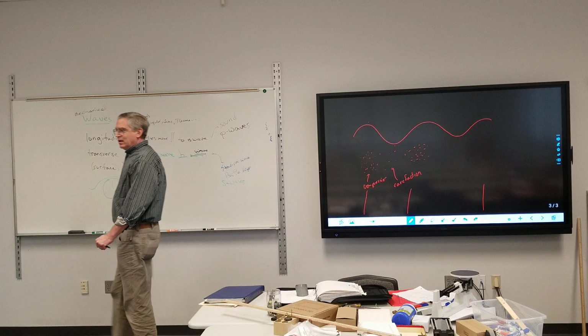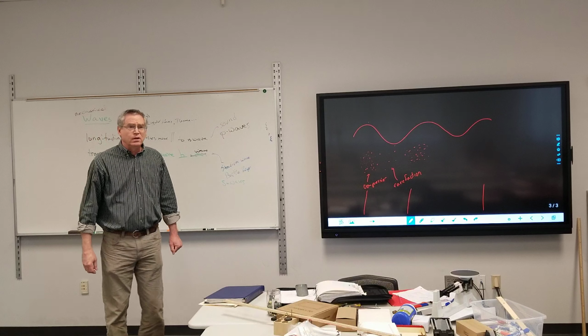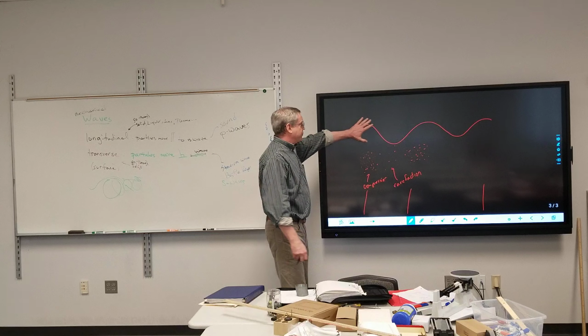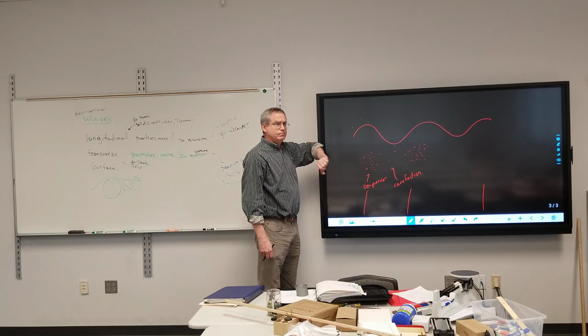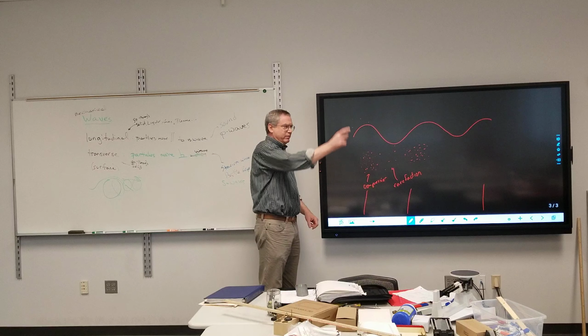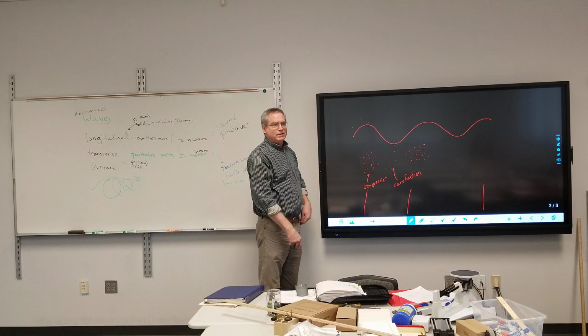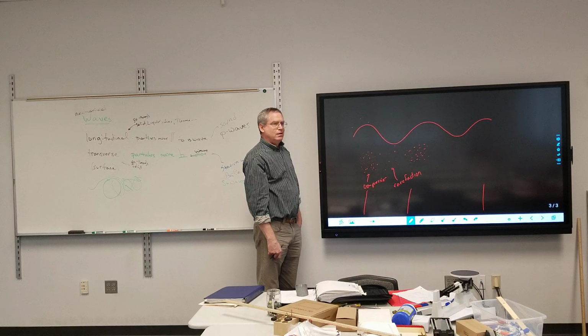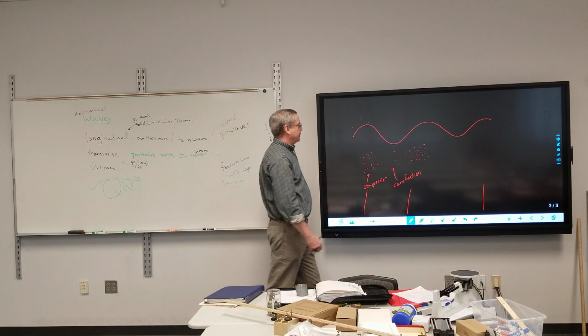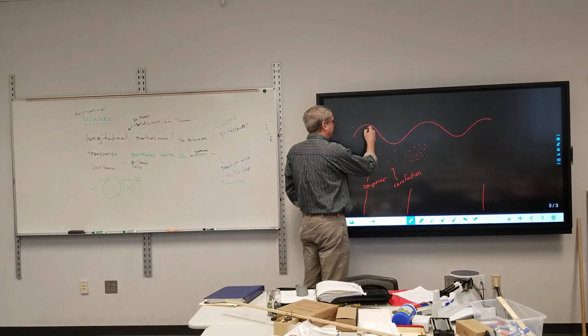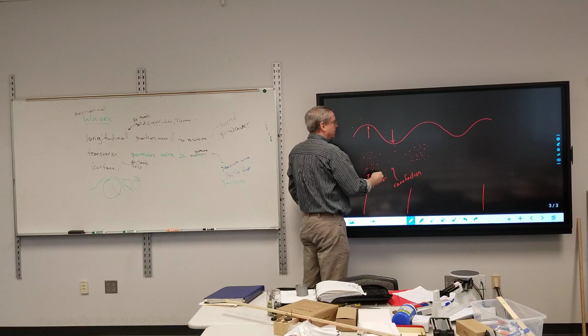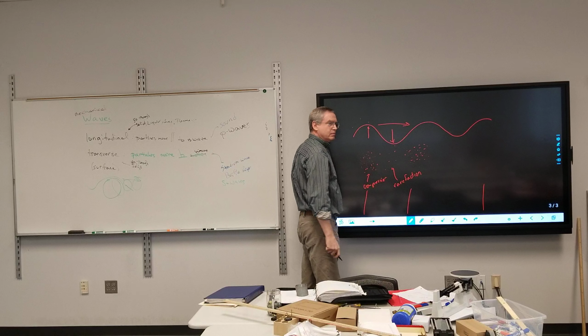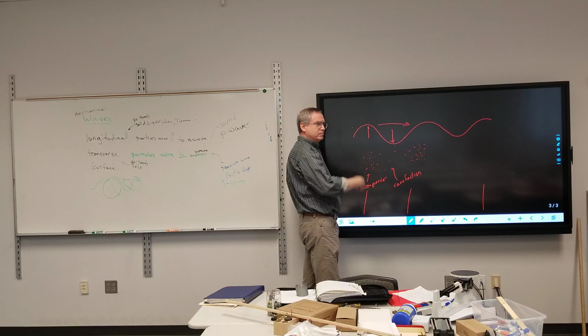Which one is transverse? Transverse would be the top one, because you physically have a wave, something that's moving up and down. But the particles are moving with the wave, right? The particles are moving up and down like this as the wave moves that way or that way.